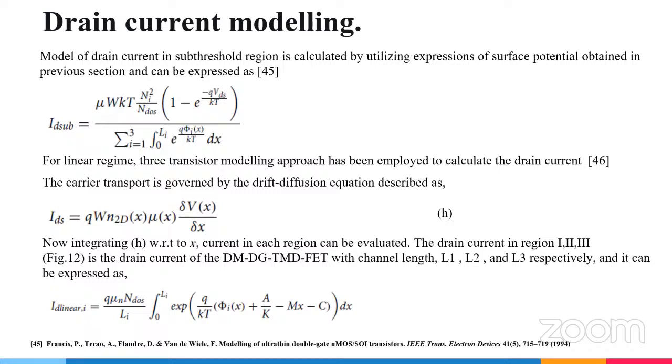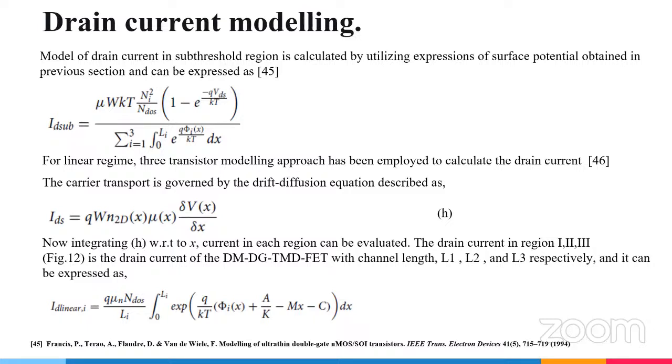After that, we are doing the drain current modeling. The drain current in the subthreshold region is calculated by utilizing the expression of surface potential that we obtained in the previous section, and we are putting the surface potential expression in the ID sub. For the linear regime, we are applying the three transistor modeling approach that has already been modeled in the papers I have mentioned, and we have used drift diffusion phenomena to calculate the linear current.